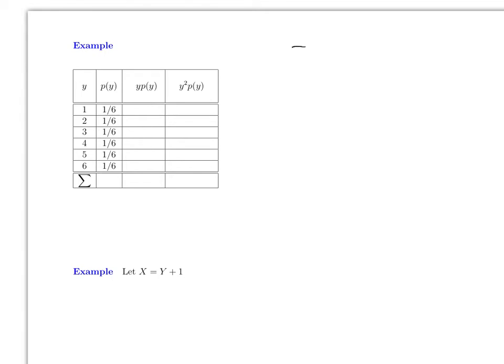Remember that in the last page we just got the variance. The variance of y is the expected value of y squared minus mu squared, or you can say it is the expected value of y squared minus the expected value of y, the whole thing squared.